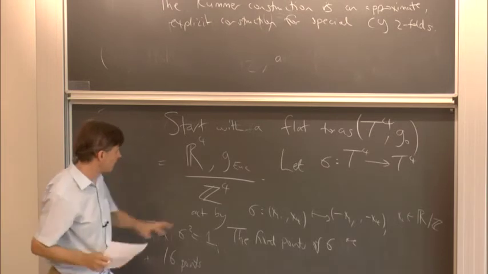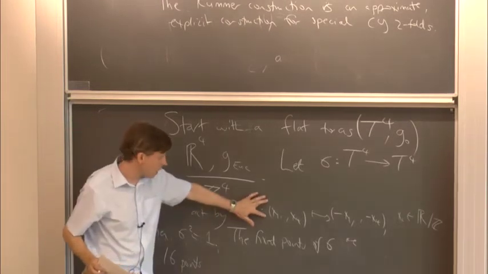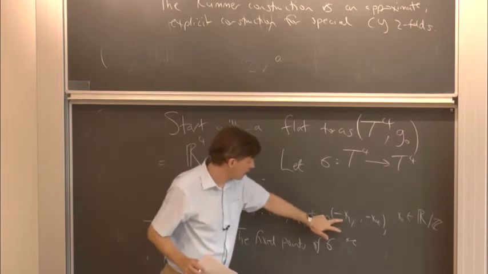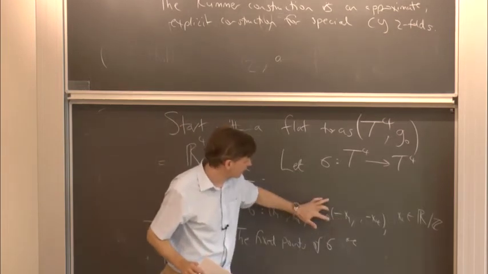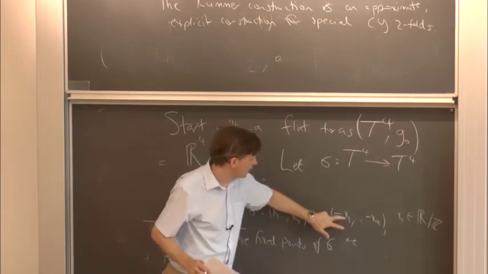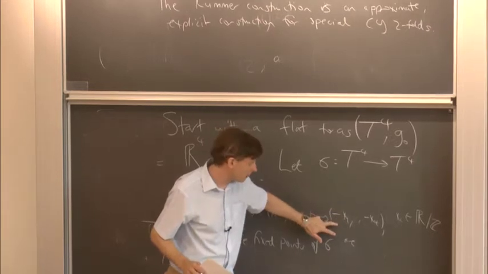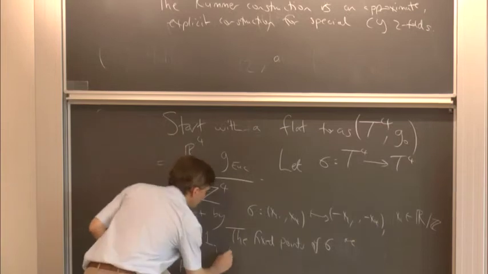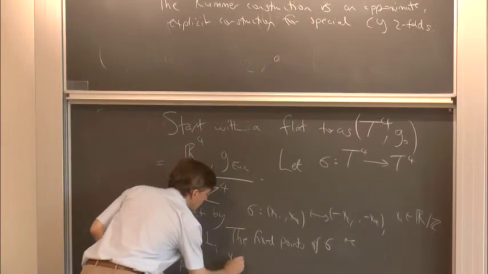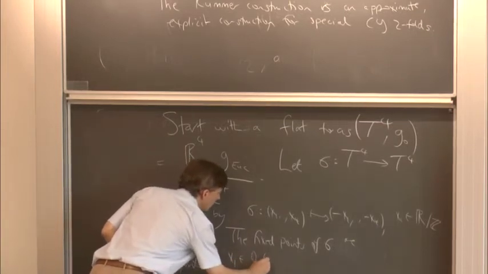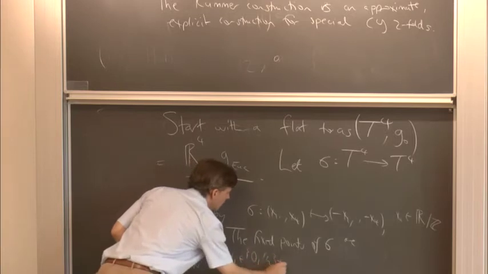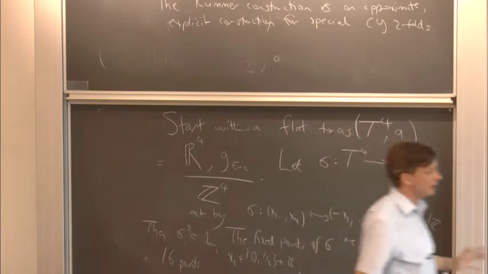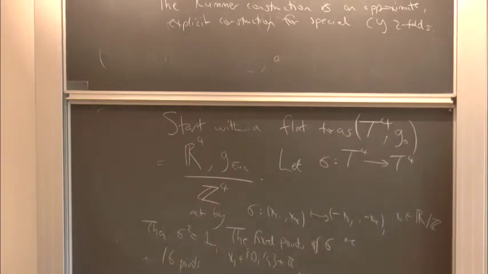The obvious fixed point is where the xi are 0. But if xi is a half, that's also fixed, because a half goes to minus a half, and minus a half is equal to a half modulo Z. So xi lies in 0 or a half plus Z. There are 16 fixed points.